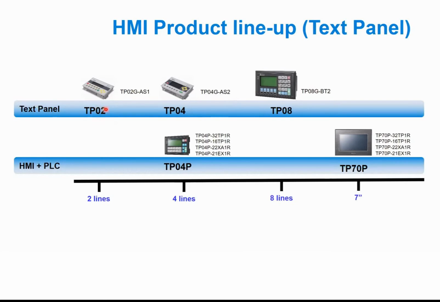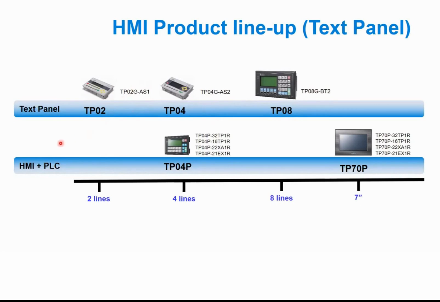And the sizes are different ranges. Like this very first one, this is the smallest we have, text panel 02, TP02. It means it has only 2 lines of text. We have TP04 for 4 lines of text, and the biggest in this series is TP08. It means 8 lines of text. You can see the screen is quite bigger compared to this.